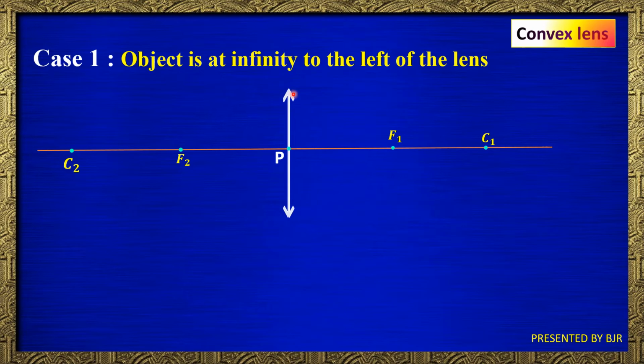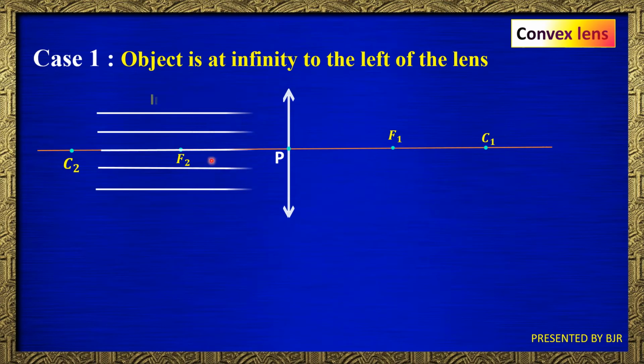Suppose this lens is pointed towards a distant object, say trees or vehicles on the road. The rays of light from the object at infinity will become parallel when they approach the lens.